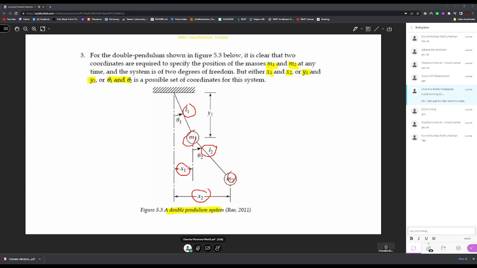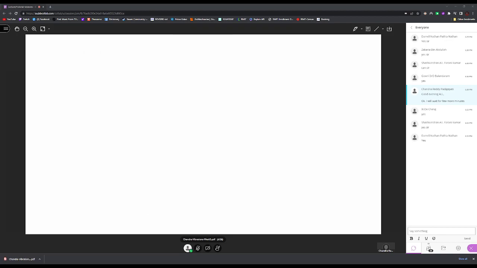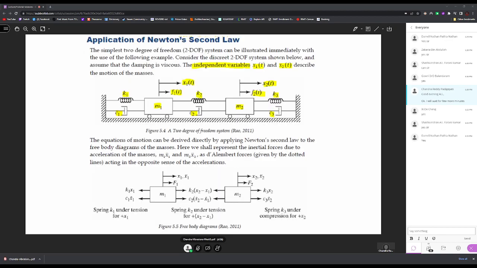These systems are different compared to the single degree of freedom systems, which we have been discussing in the last 4 sessions. So let us look at this particular system here. Focus on this.